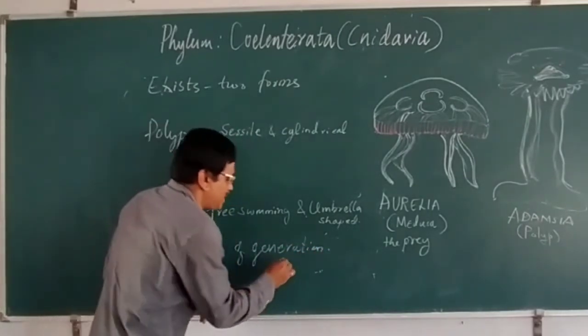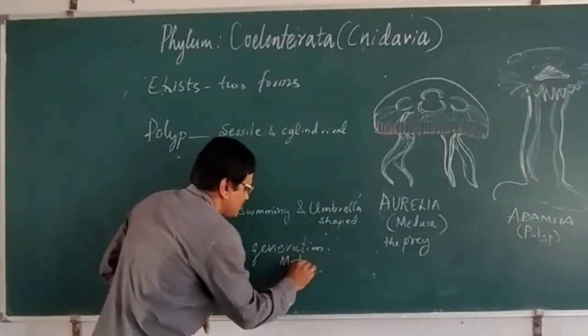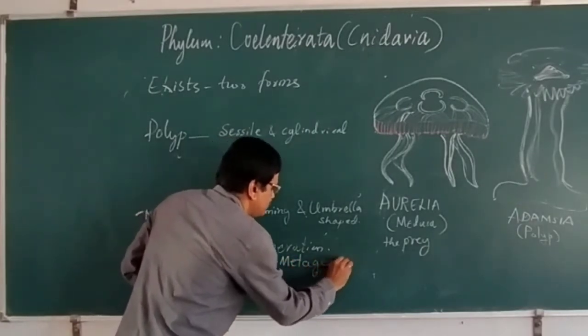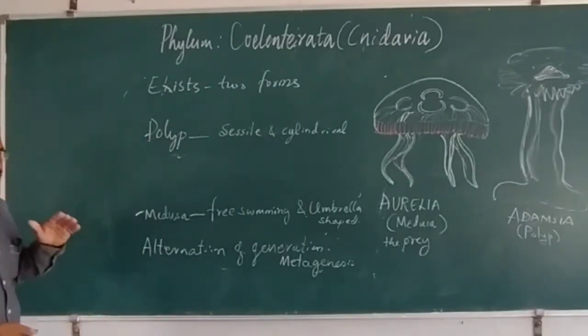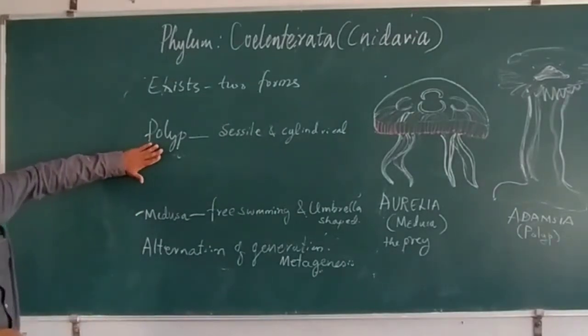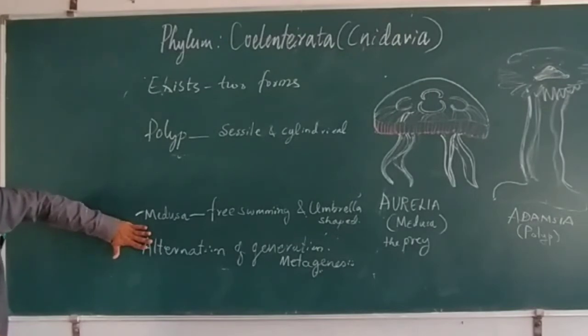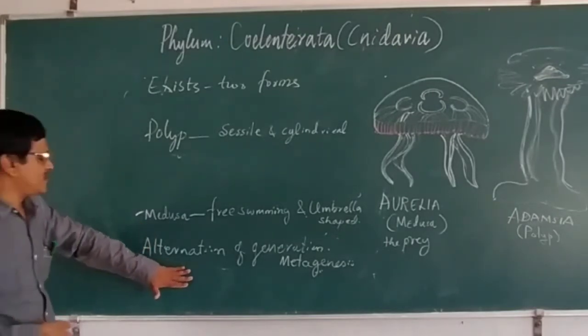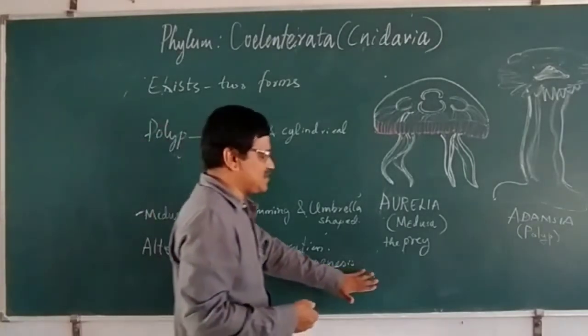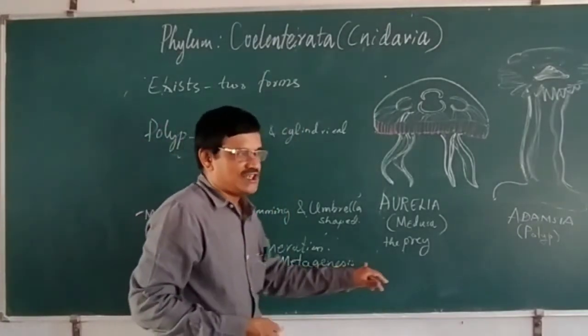Alternation of generation means metagenesis. The cnidarian traits which exist in both polyp and medusoid forms exhibit this character, known as alternation of generation or metagenesis.